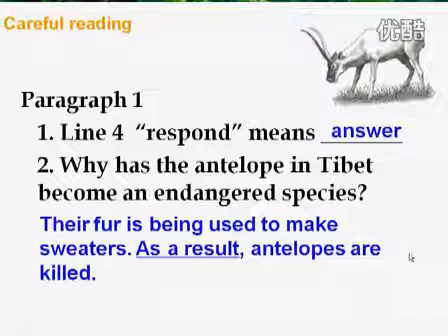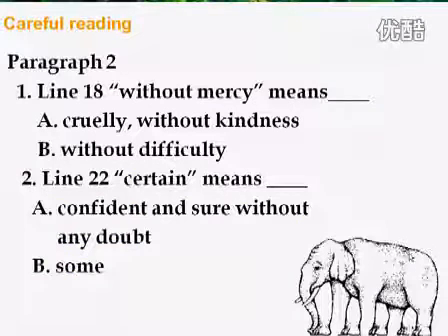Okay, now for the second paragraph, 2 questions. Guess the meaning of the words. Line 18, without mercy. Without mercy. Okay, give you 2 choices. First one is cruelly, without kindness.